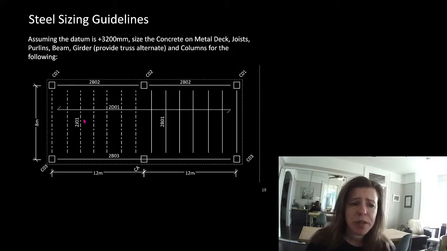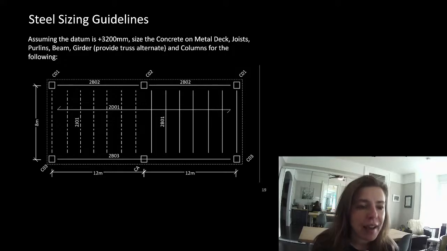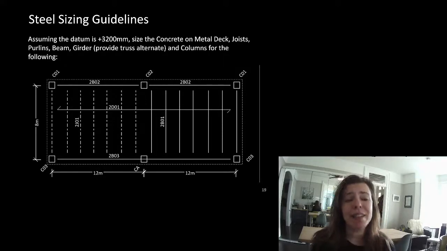We don't know how many stories are in this building. What if this was a 50-story building? Does it make sense that that column that might have been sized as a 203 by 203 on the top story would also be a 203 by 203 on the bottom story? No. So you know in your gut that there is something wrong with these sizing guidelines, specifically the columns.